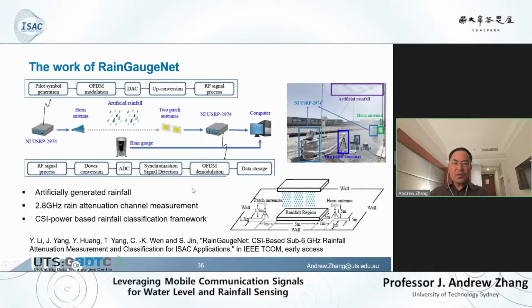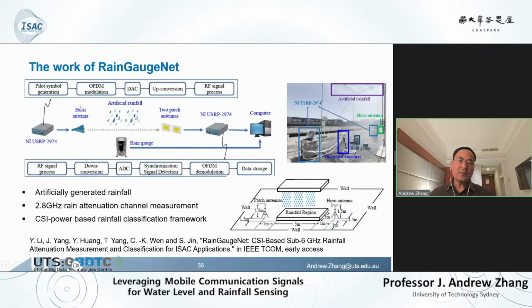Next, I would like to introduce some work developed by the host of my talk, Professor Jie Yang from Southeast University. Her group did some fascinating work by using simulated rainfall or artificial rainfall. They developed a system based on software-defined radio.